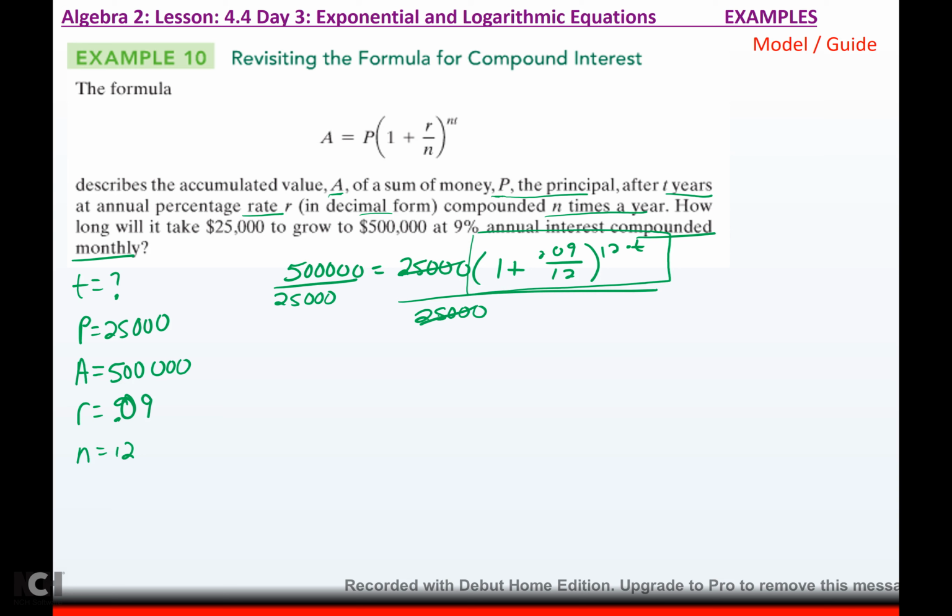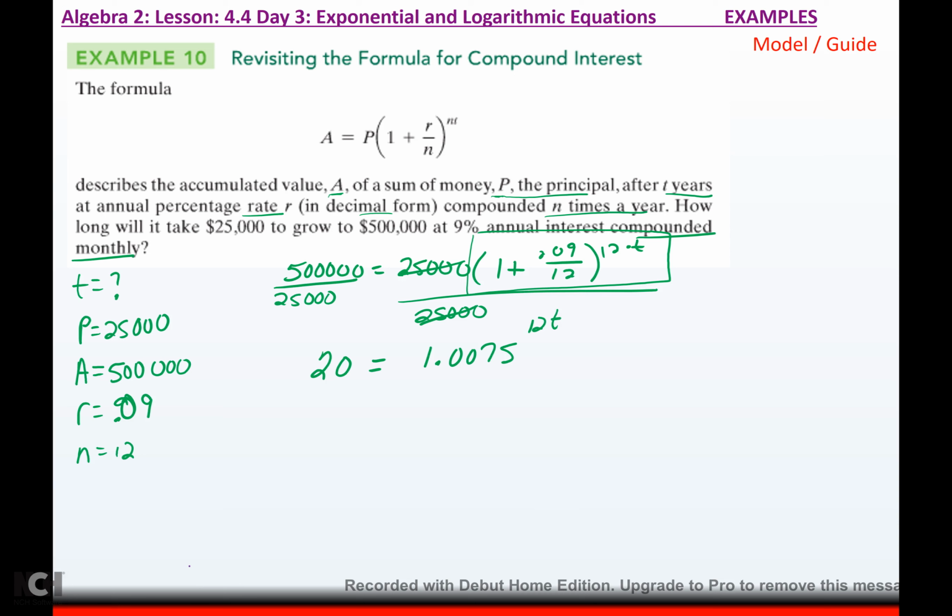And I take 500,000 divided by 25,000, and I get 20. So we've got 20 on this side equals, and I'm going to go ahead and type in what's in parentheses. So 1 plus 0.09 divided by 12 is 1.0075 to the 12t. Okay, so we've got that all simplified.